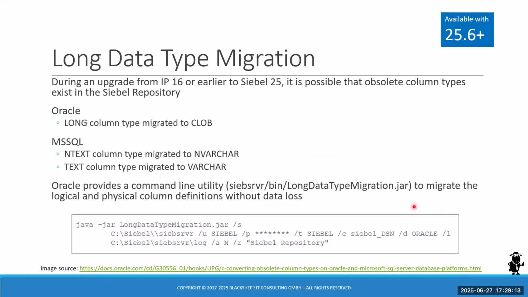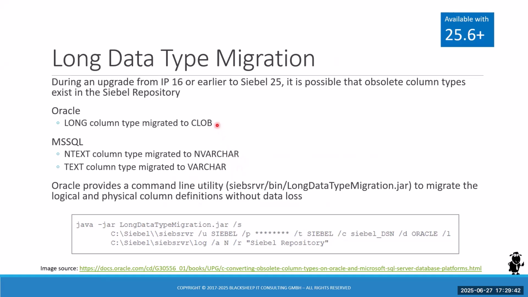And there is a long-standing migration going on. I observed for the past years that long columns in Oracle, such as, for example, used in smart scripts, or text and ntext in MS SQL Server, are migrated to character large object in Oracle and nvarchar and varchar in MS SQL Server.